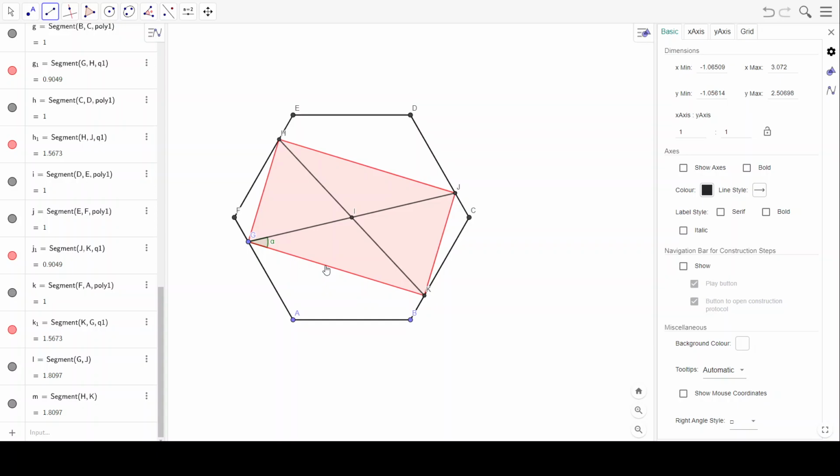And the argument is that this center of the rectangle is also the center of the regular hexagon. And why is that? Well, because these are parallel sides. EA is parallel to DC, and this is exactly halfway.